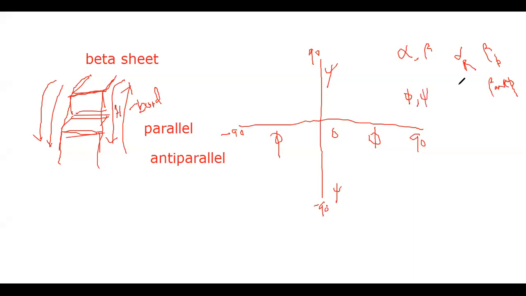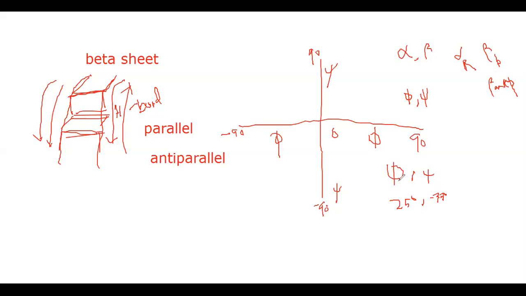There will be a specific phi, and with respect to that phi there will be a specific psi. If somewhere phi is 25 degrees, then psi is restricted, say to minus 37.